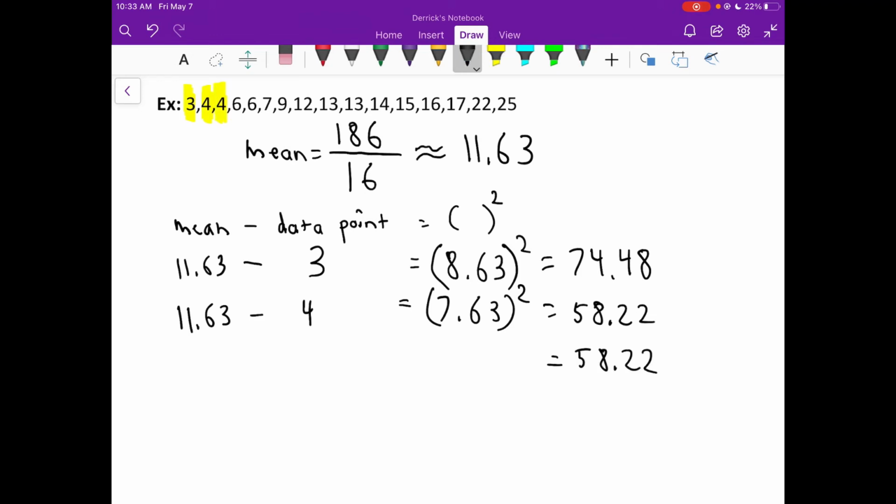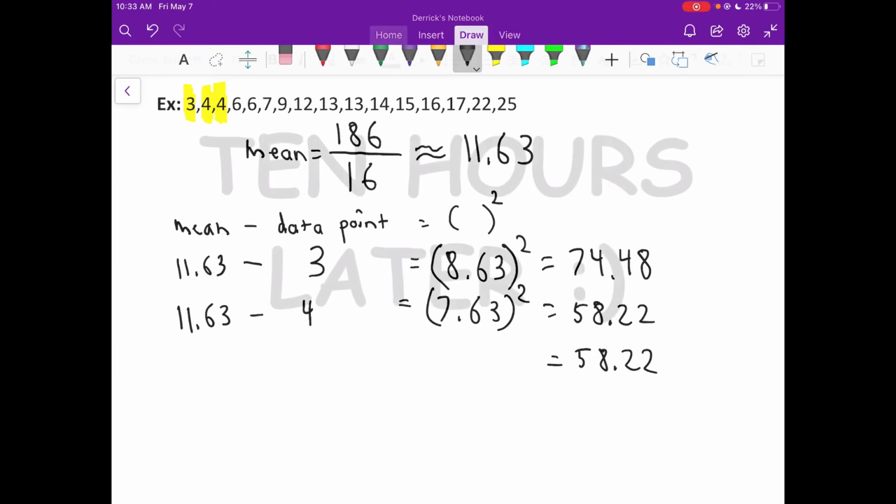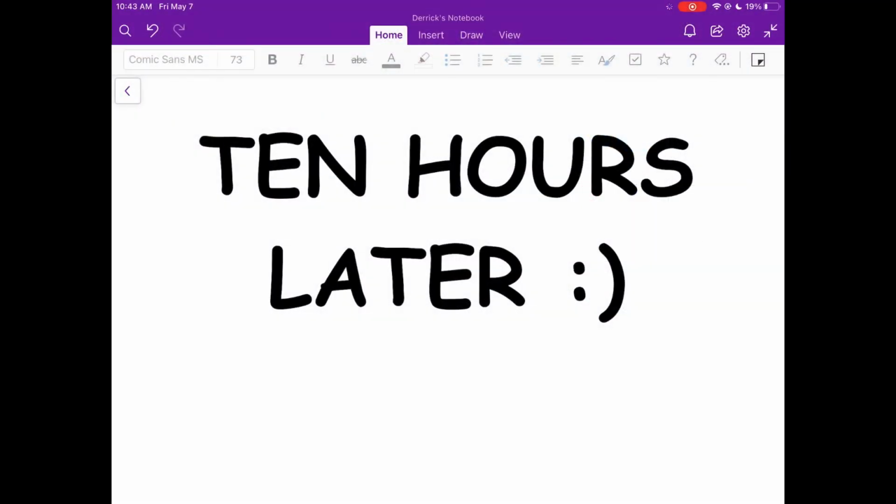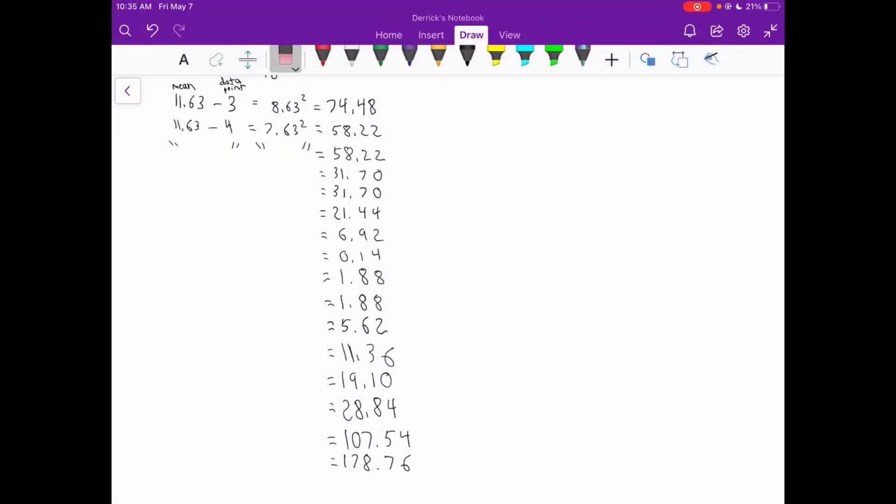That much we can at least be certain of. But you want to do that for every single one of these data points and get all these differences squared. If you have done all of those differences and squared them, you should have a list that looks something like this. Feel free to pause this video and check these numbers first if you would like.